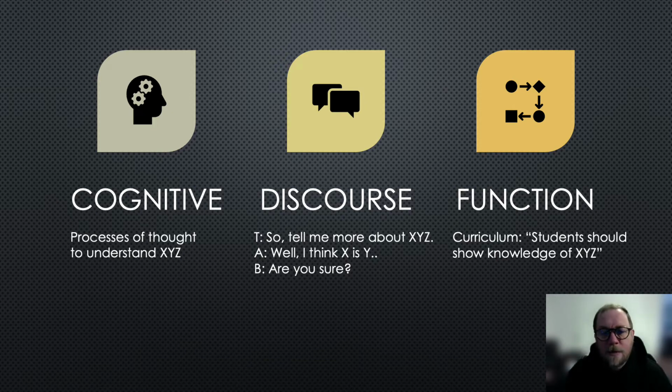So you might have noticed that cognition is a little bit different to discourse and function for one reason. Function is controlled by our educational situation, and we as teachers can judge it and we can influence it. For example, we can adjust our curricula. The language use, or the discourse in the classroom, is also completely observable, and we can influence it too.